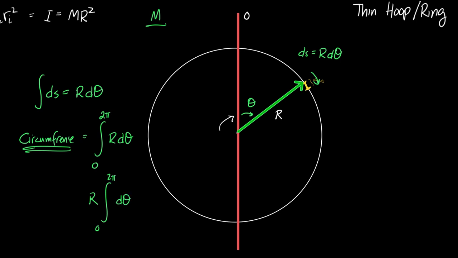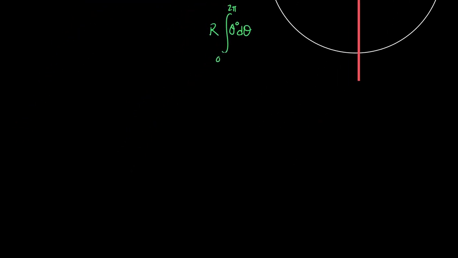There's no integrand, so we assume the integrand is 1. But instead of writing 1, I write theta to the 0 power. If I use the polynomial rule, my antiderivative will have to be theta to the 1 power, evaluated from 0 to 2 pi.